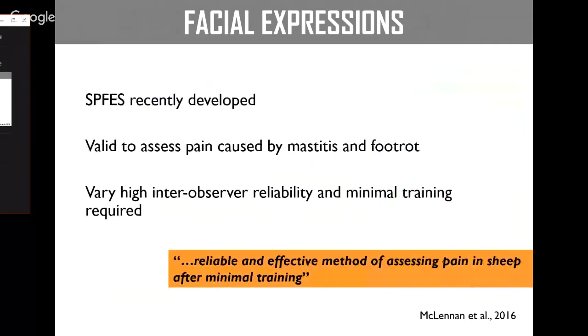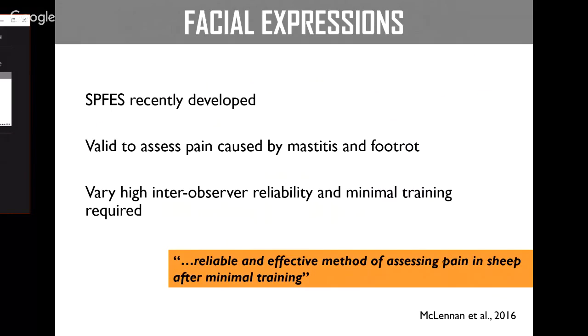And the answer is yes. In a paper published in 2016, McLennan and colleagues developed a scoring system based on facial expressions of sheep to assess pain, and they validated this scoring system using pain caused by mastitis and foot rot.